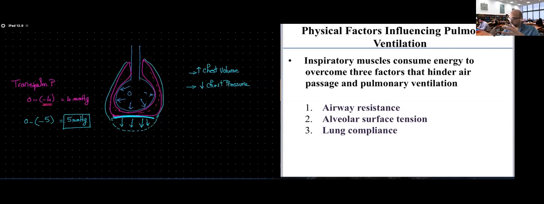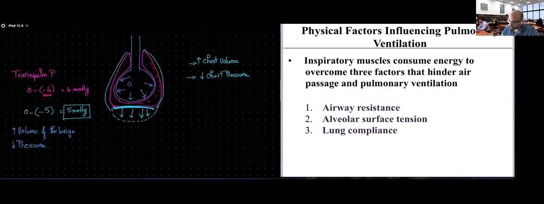And as I increase the volume of the lungs, what's going to happen to the pressure on the inside of the lungs? I have a drop in the pressure. What was the pressure inside your lungs before you contract the diaphragm, before inspiration? It was 0 pressure, equal to the atmospheric pressure.